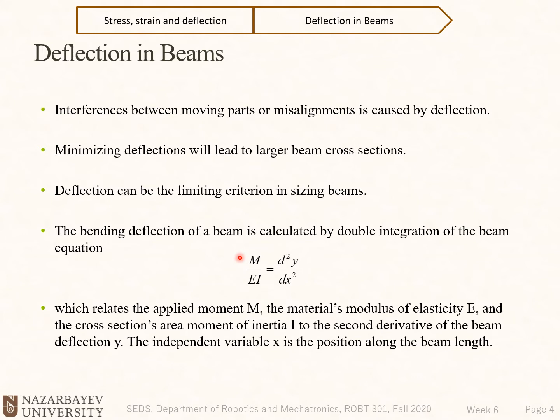M is the bending moment, E is Young's modulus, and I is the second moment of inertia. y is the deflection of the beam, which relates the applied moment, M, the material's modulus of elasticity, E, and the cross-section's area moment of inertia, I, to the second derivative of the beam deflection, y. The independent variable x is the position along the beam length.